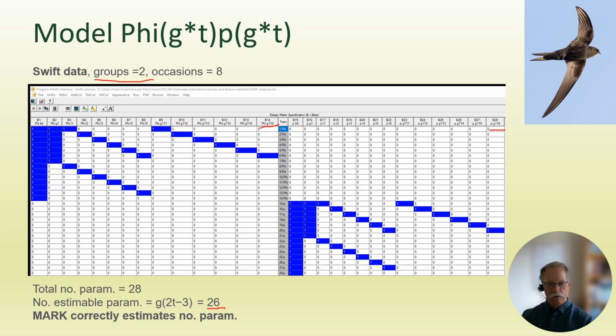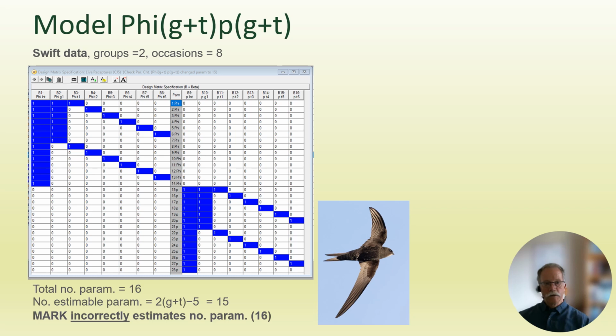But using the equation that I just provided you, both of those approaches would give you 26. And Mark correctly estimates the number of parameters in this case. So moving to an additive model now, this is one that could only be run using the design matrix because we can't do additive models on the PIM.